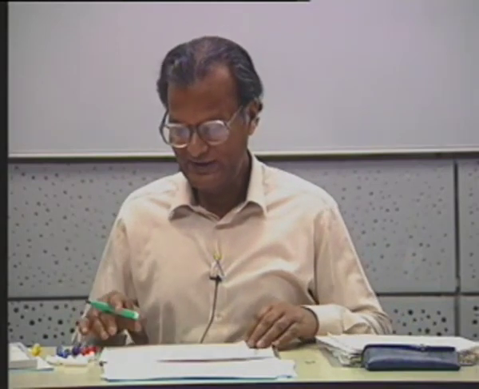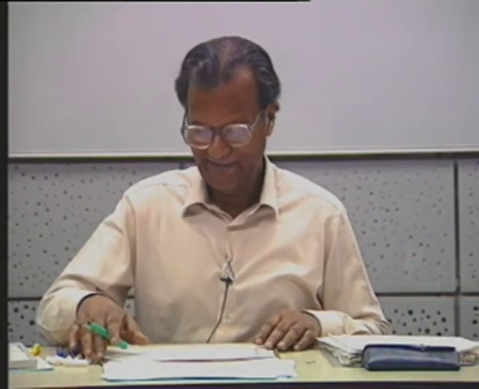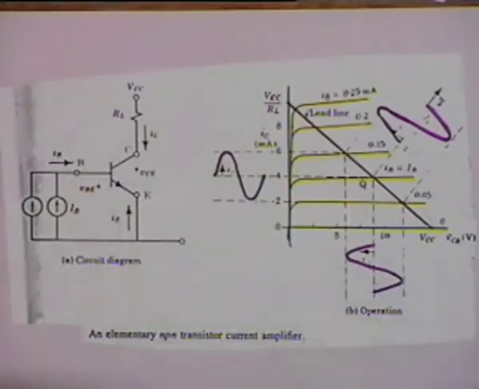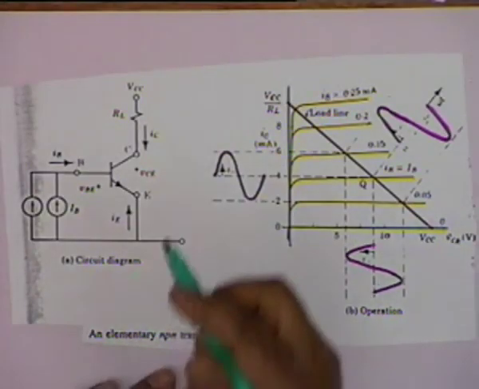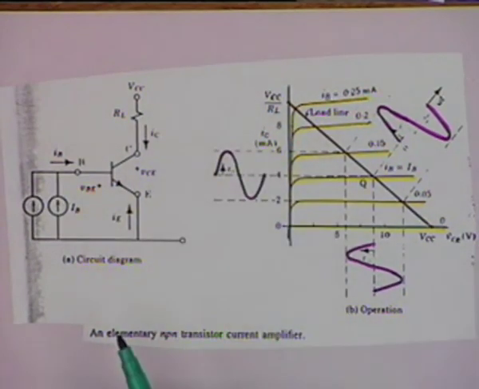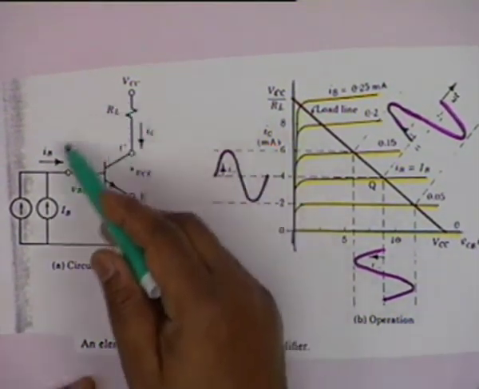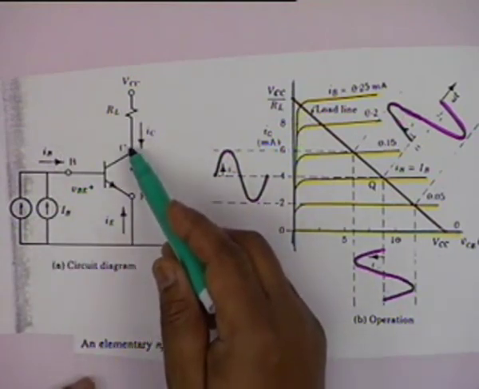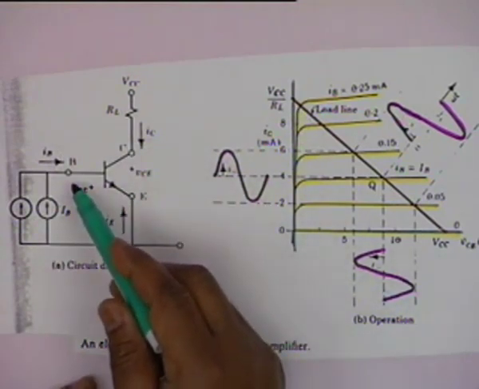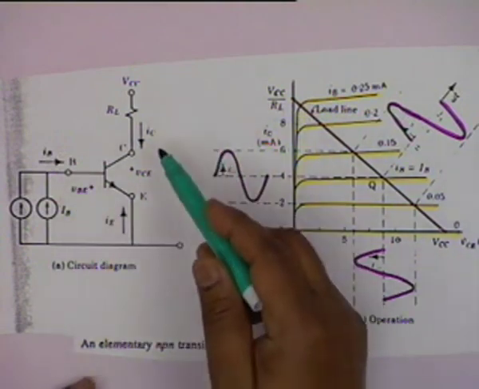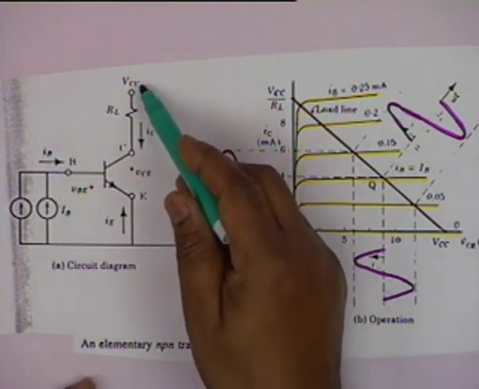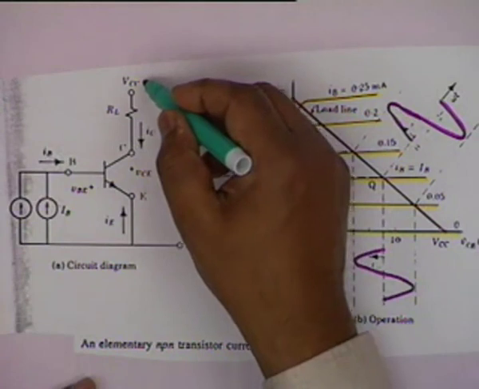I want you to look at this figure before we disperse. I have shown here a common emitter connection. Collector, emitter, base. And to the collector is connected a positive supply, VCC.